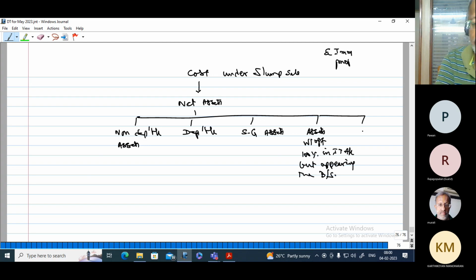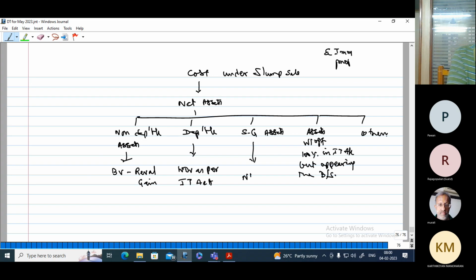Correct? Then others. So non-depreciable assets, book value minus revaluation gain. Depreciable assets, WDV as per Income Tax Act.